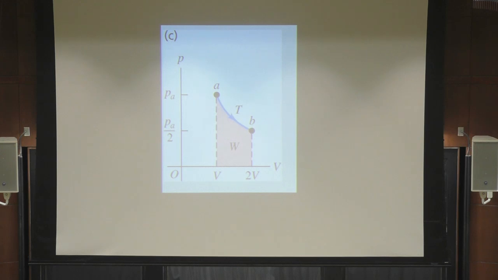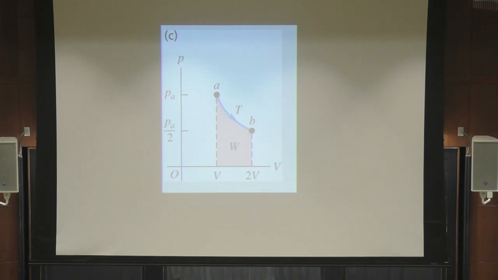This can go either way. I want to make this even bigger, because this is a big point I want to illustrate. It's an interesting fact, so we have to pay careful attention to this. This is volume, and this is 2 times the volume. And this is for a gas.